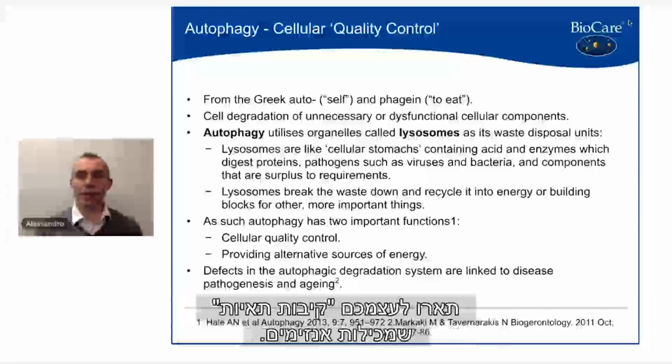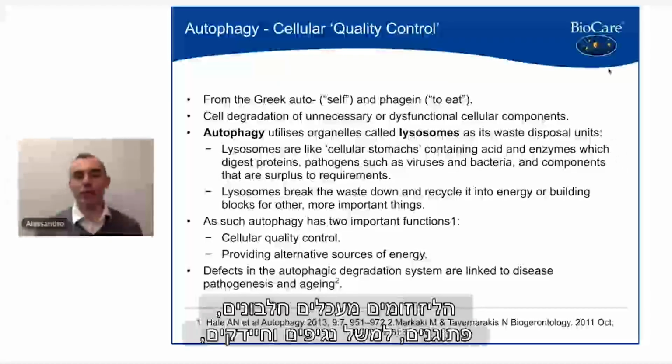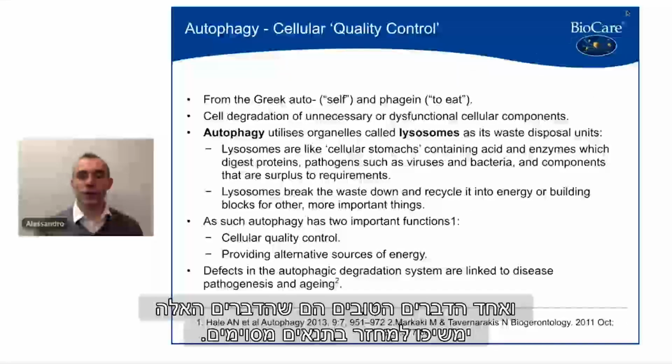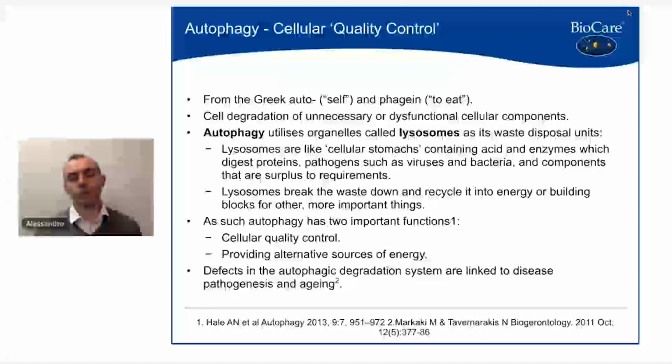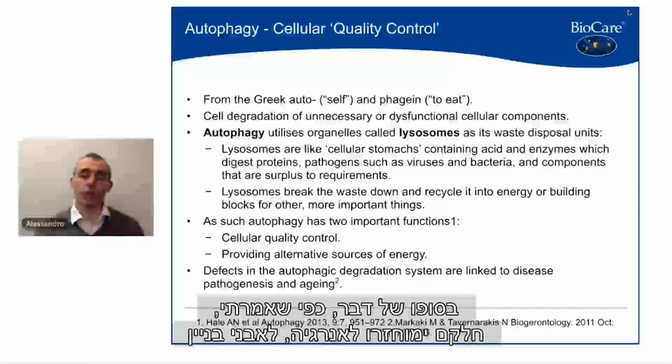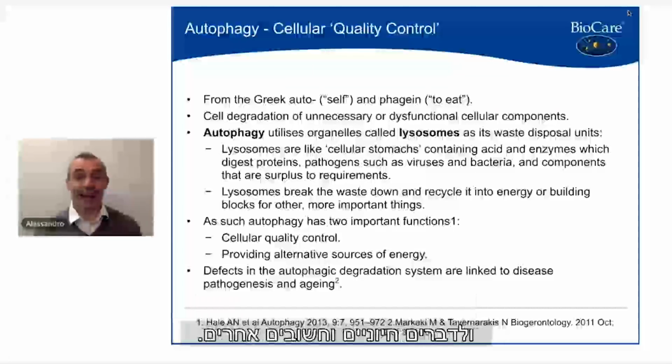Imagine a cellular stomach containing enzymes that digest protein and pathogens, including viruses and bacteria. One of the good things is that these keep recycling under certain conditions. Eventually some of them are recycled into energy, building blocks, and other vitally important things.